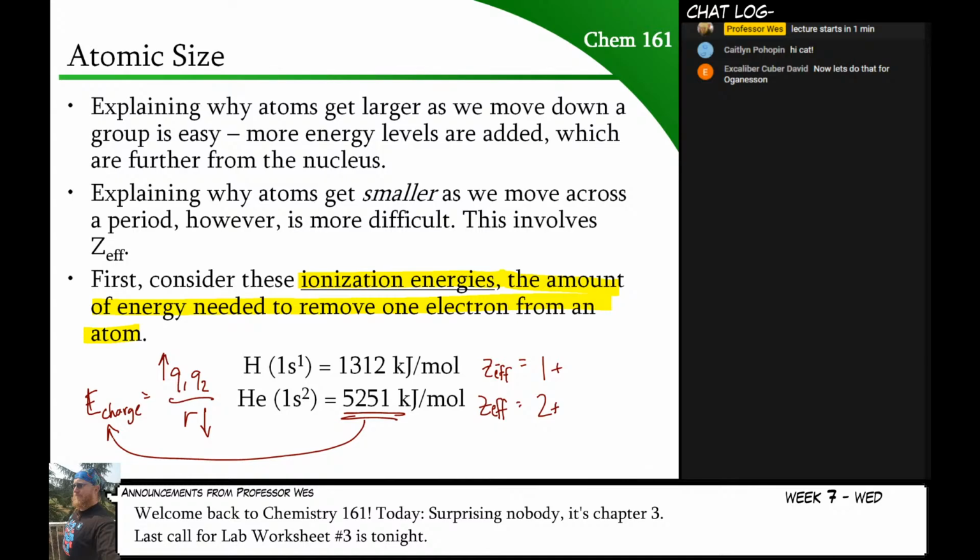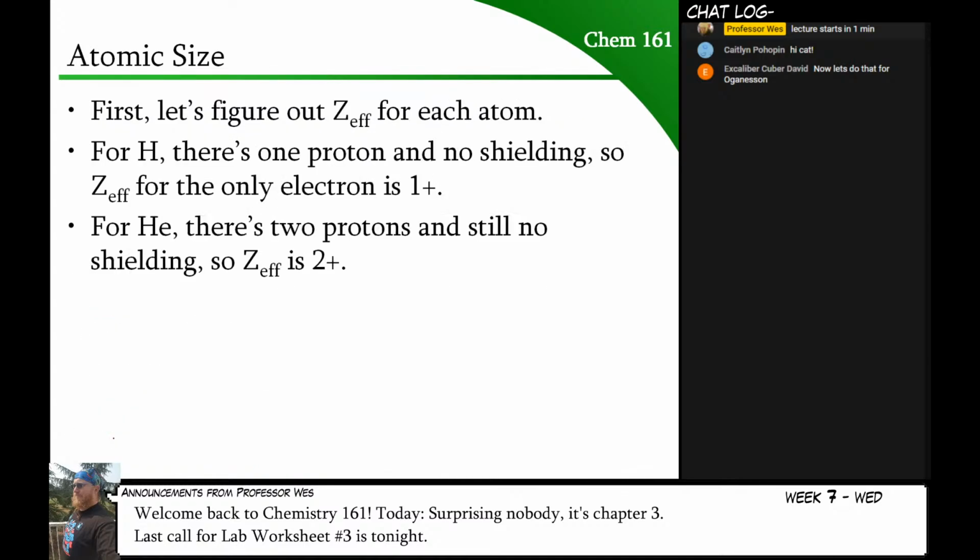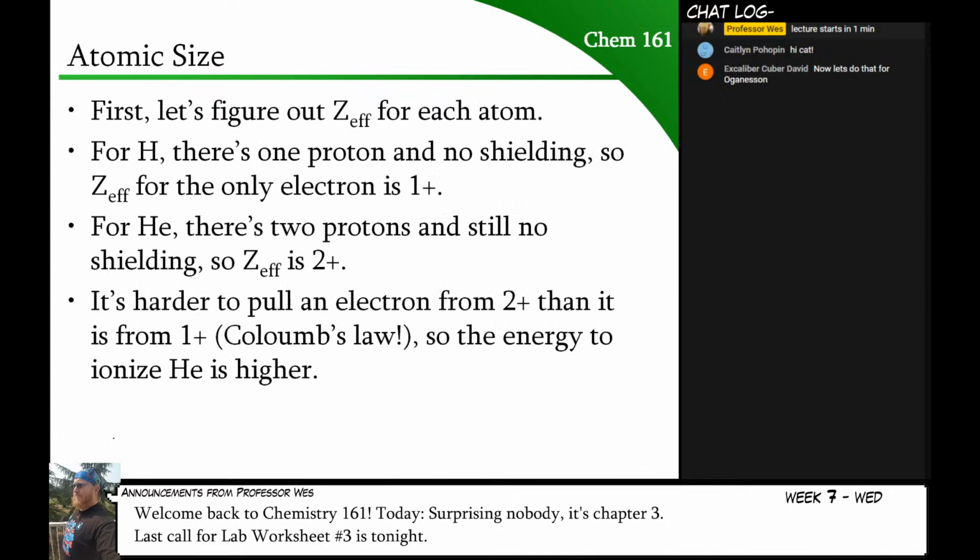So these are just some actual data points so that you can see the effects of Z effective as well as radius. Oops. So this slide just goes over that reason. We calculated Z effective. Z effective for helium is larger than the Z effective for hydrogen. It's harder to pull an electron from something that has a positive 2 force than it does from a positive 1 force.